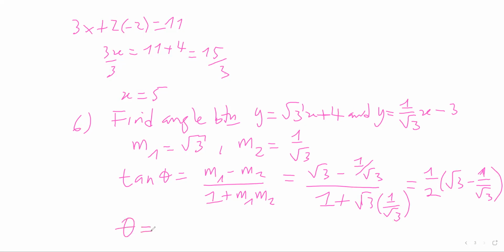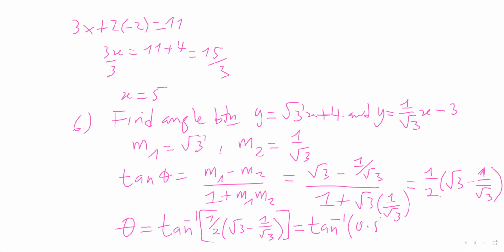And then theta is equal to tan inverse of 1 over 2 square root of 3 minus 1 over square root of 3. And this is tan inverse of 0.57735, and this is nothing but 5 over 6.